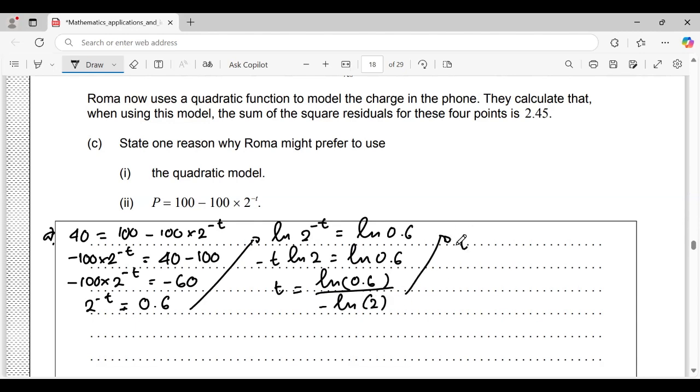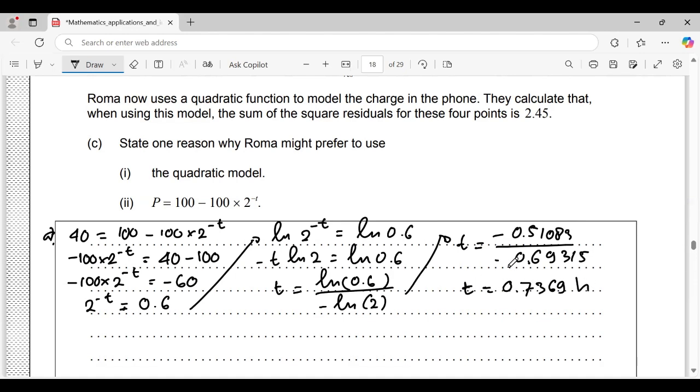So T equals ln 0.6, which is minus 0.51083 on my calculator, over minus 0.69315. If you calculate this, T equals 0.7369 hours.